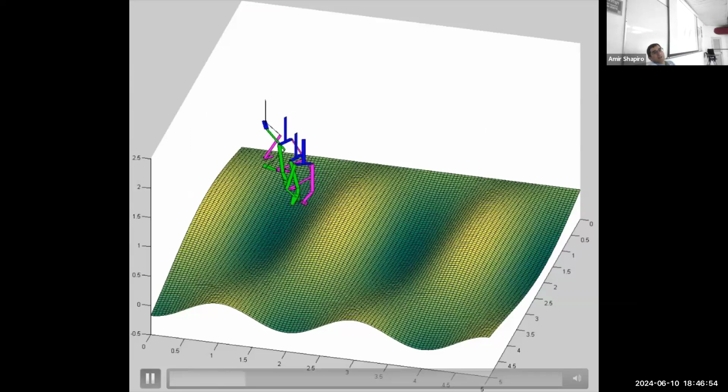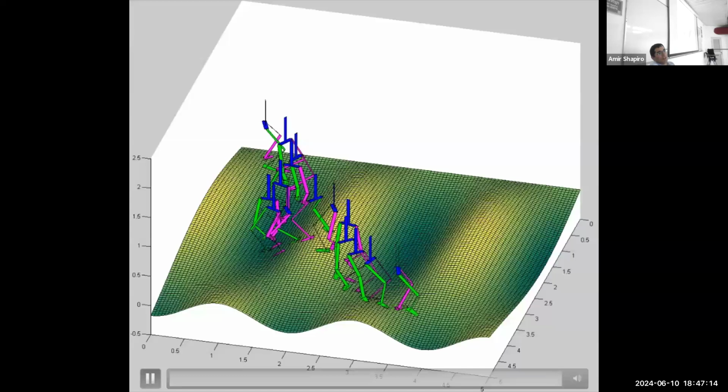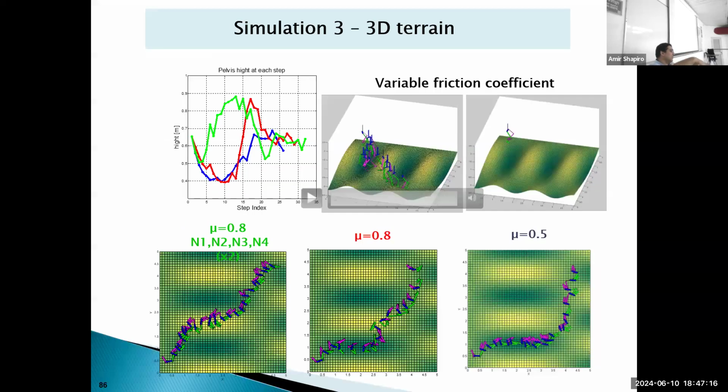And you can see that the robot, in order to go forward, it turns backward. You see? And it wasn't pre-planned. This is a solution that the robot found. And this is because of the angle constraint in the ankle.